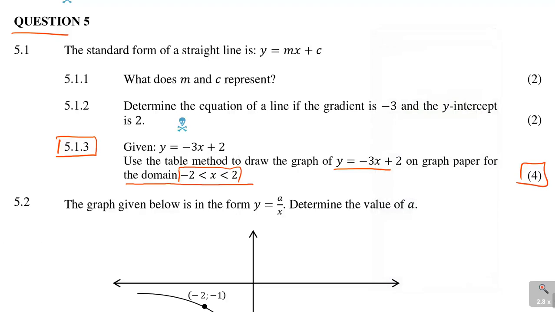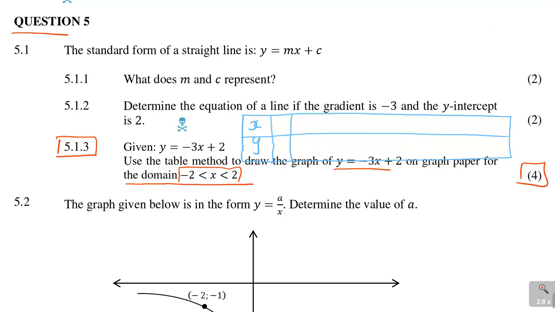If you are to draw that table, you'll have something like this, because when they're talking about the table method, they're talking about x and y. They say start from -2, you continue, -1, 0, 1, and 2.